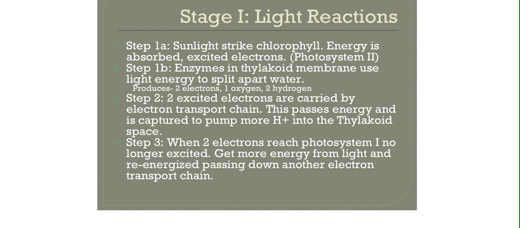But so step 3, 2 electrons reach photosystem 1. They are no longer excited because they have moved along this electron transport chain in step 2. They have moved on, and whenever any molecule is moving through things, it loses just a little bit of energy to heat. We learned that in the last video.